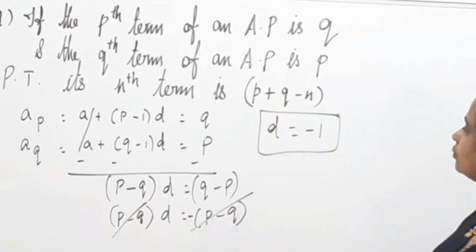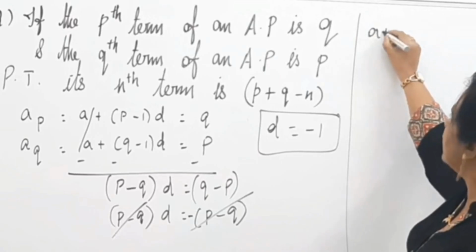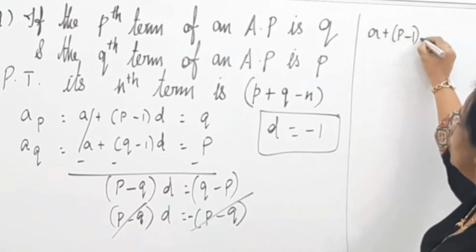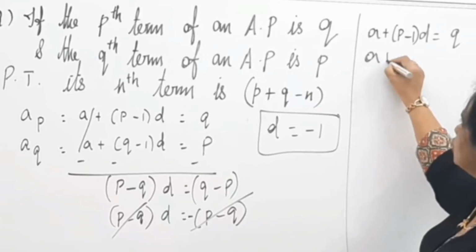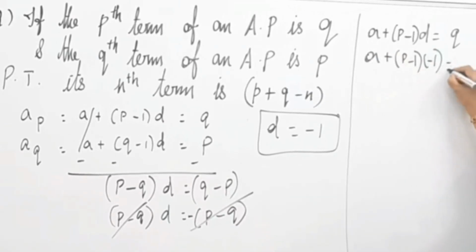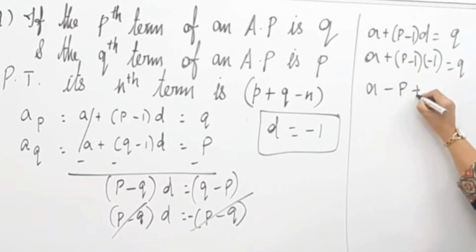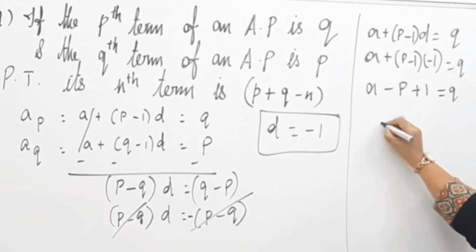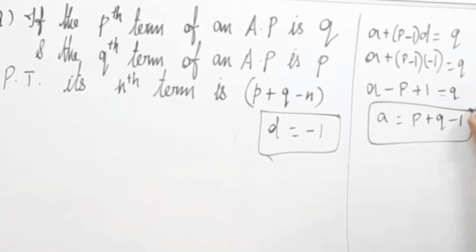And now I have to get my a. So, just substitute in a + (p - 1)d = q. In this, we'll substitute d: a + (p - 1)(-1) = q. So, a - p + 1 = q. So, a becomes p + q - 1. So, I got my a here.